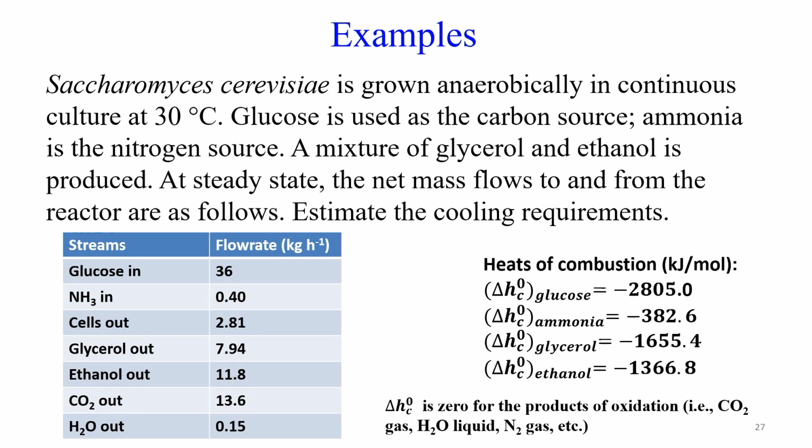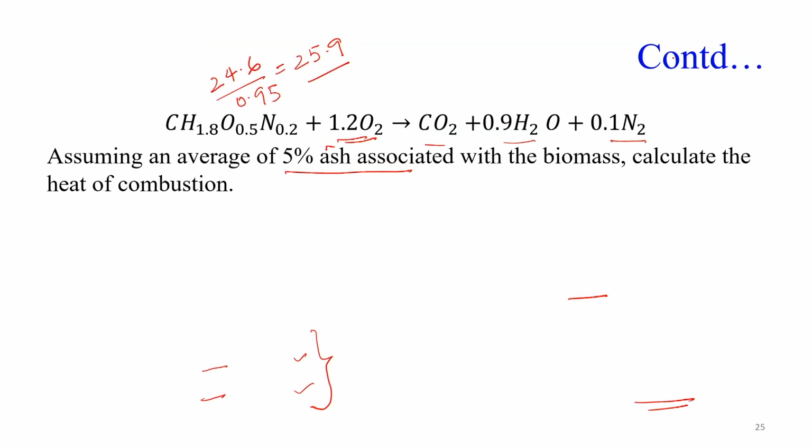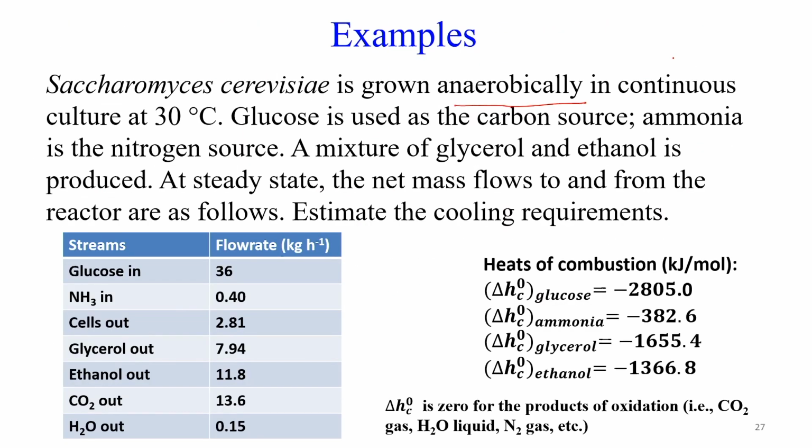Now, here let us take one example. It says Saccharomyces cerevisiae is grown anaerobically. Anaerobically means oxygen is not the primary electron acceptor. Glucose is used as a carbon source, ammonia is used as a nitrogen source.